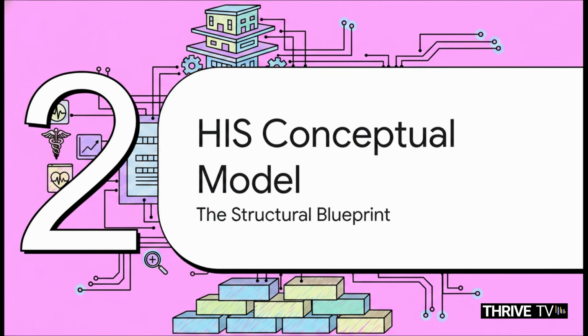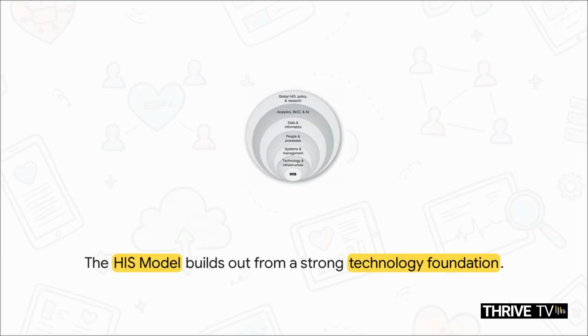Moving right along to Section 2, the HIS conceptual model. To truly get this, we need to look at the structural blueprint of health tech. Think of this architecture like a giant puzzle, or maybe a series of concentric circles building outward. Right at the absolute center, the core, is the HIS technology and infrastructure. As you move out, you find systems and management, and then the people and processes actually using them.